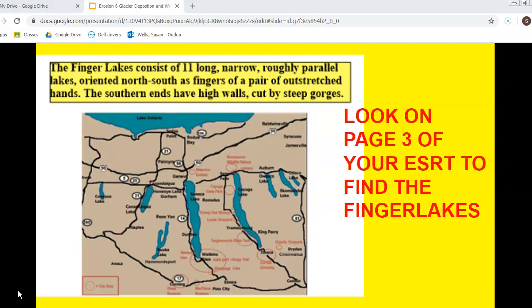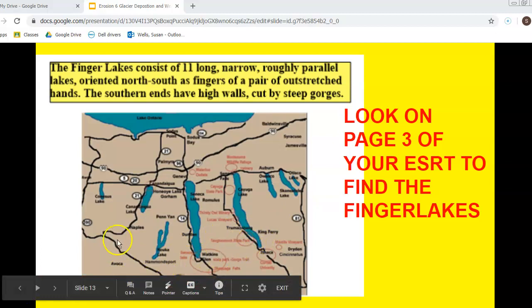And they're very deep lakes that have very high walls and very U-shaped bottoms. Please look on page 3 of your ESRT to find the Finger Lakes. But what happened here is the terminal moraine dammed up the lakes.